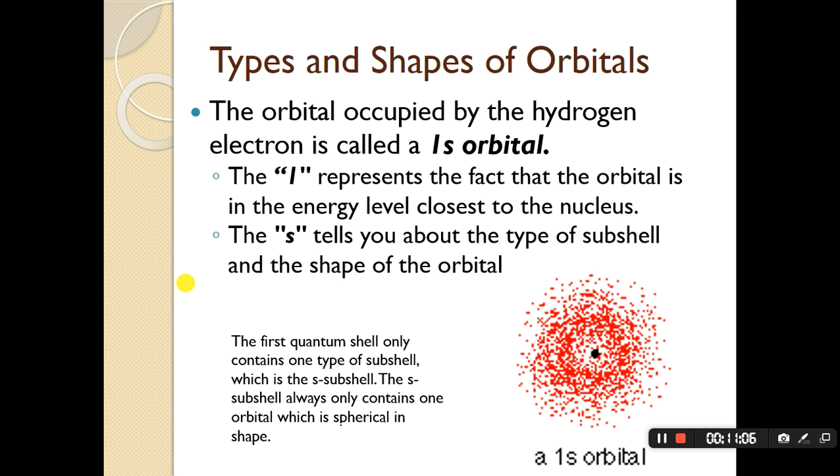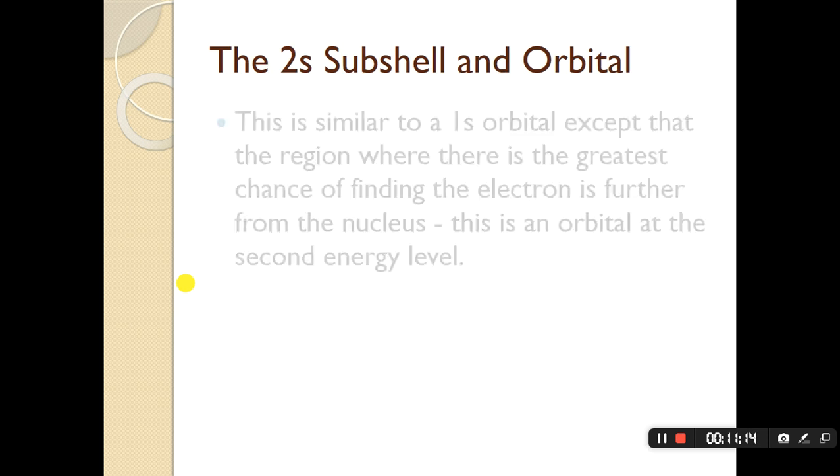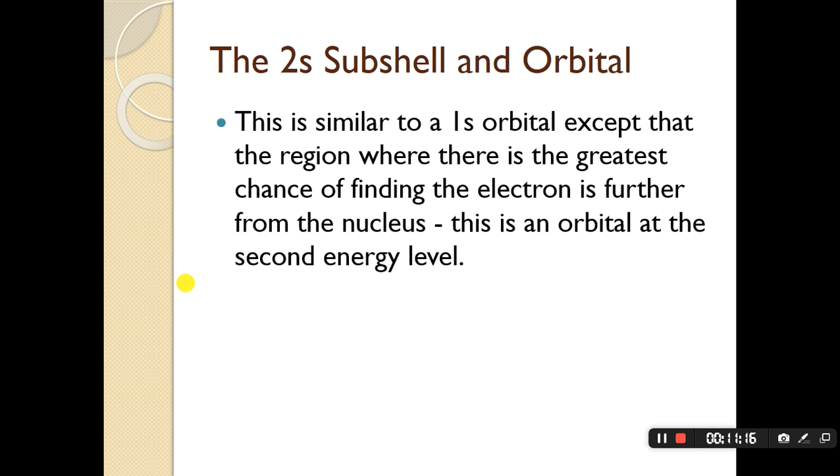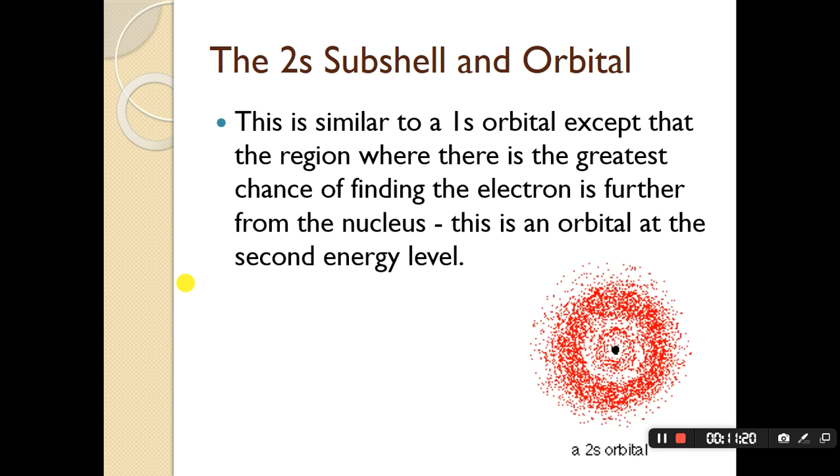And the other quantum shells will also contain an S subshell. The S subshell, wherever you encounter it, is going to be spherical in shape. So 2s will be very similar to 1s. The only difference would be that 2s is slightly bigger in size.